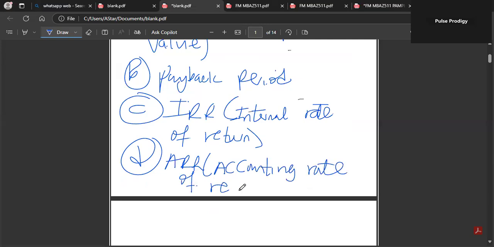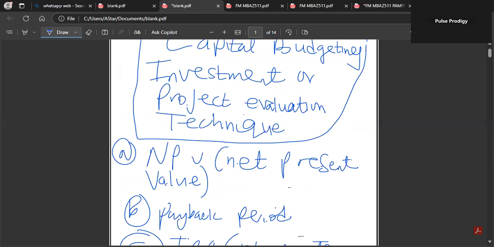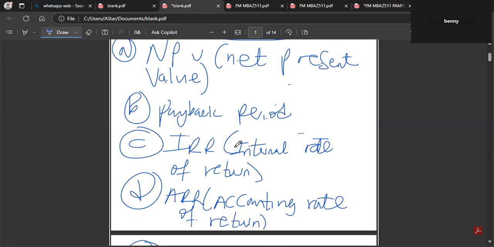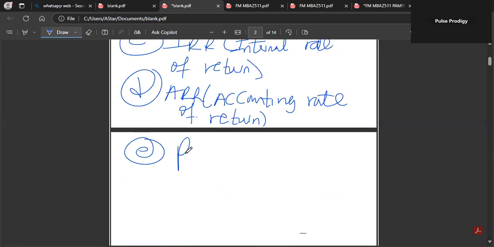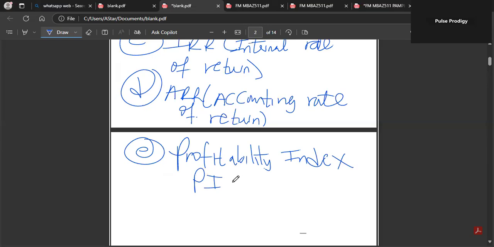So if they ask you to talk about the techniques that are used in capital budgeting: net present value, payback period, internal rate of return, accounting rate of return, and of course what we call the profitability index, the PI.